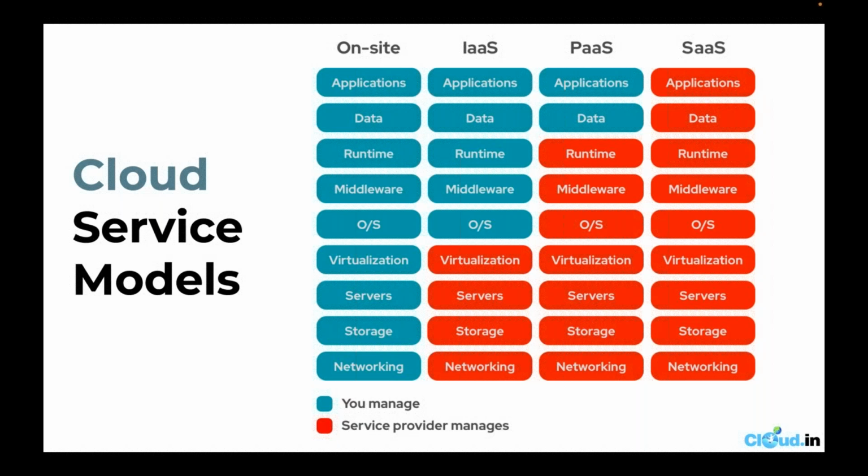Suppose you just want to host infrastructure, a server or a database on the public cloud, so you can go with the infrastructure as a service approach. But if you don't want to manage OS, middleware, virtualization, or the patching part, you can go with the PaaS approach as well. So it clearly depends on the use case and the level of control you want to have on your infrastructure, right?